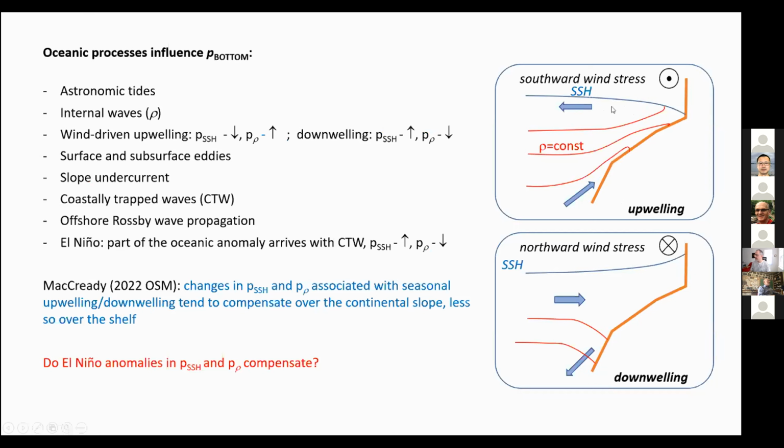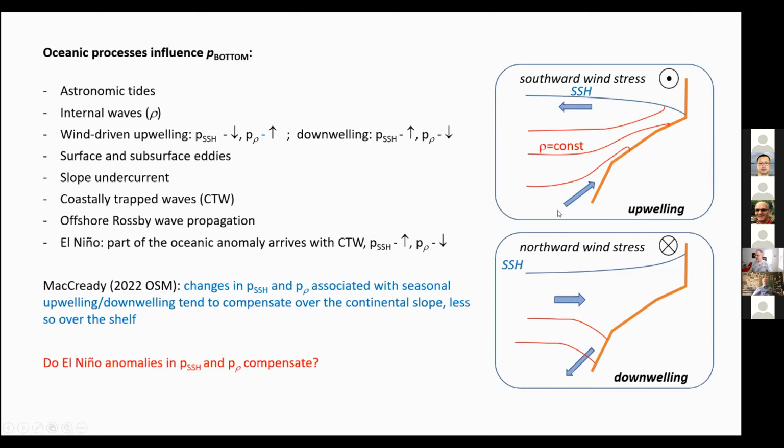So in this case, those two mechanisms work against each other. Those two parts of the bottom pressure try to cancel each other. Downwelling is about the opposite of that. We also have surface and subsurface eddies. We have the slope undercurrent that develops each summer on the slope along the coast and goes to the north.